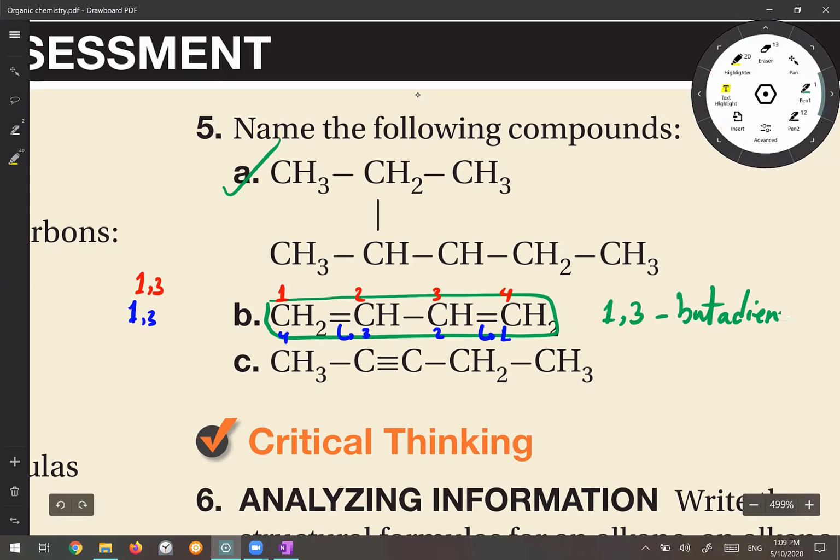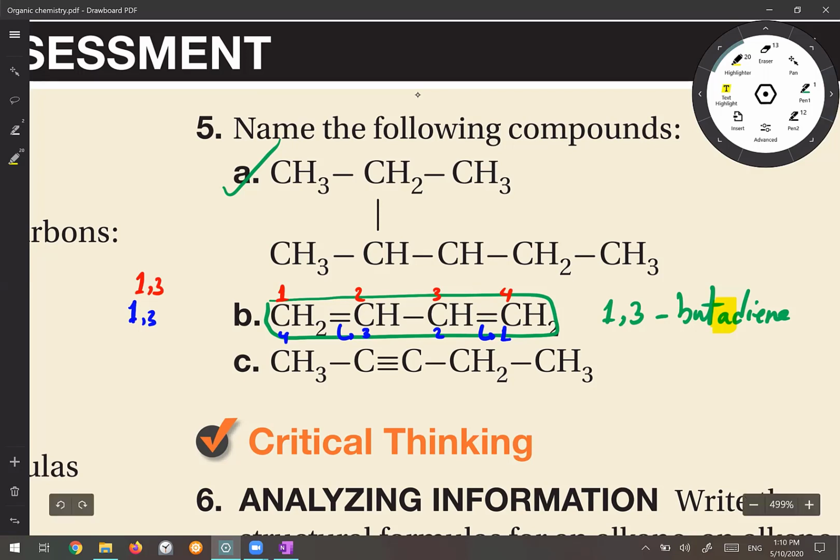So if you notice, when you have 2 double bonds or 2 triple bonds, you will have the A here. But if you have only 1 double bond, it would be butene without A. But if you have 2 of them, when you want to use diene, you must have A before D.